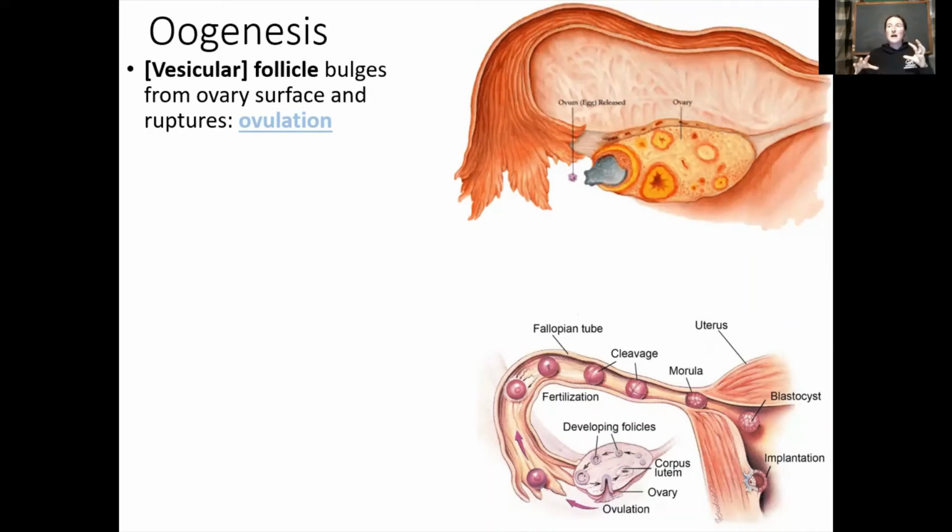One of the ways that increases the chances of the egg actually getting to where it needs to go is the fact that there are these little finger-like structures at the end of the fallopian tube, or the uterine tube, to create a current and more or less suck that egg into the uterine tube. Those finger-like structures are called the fimbriae.